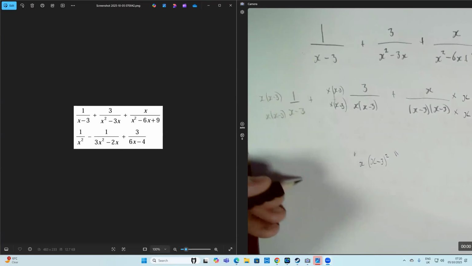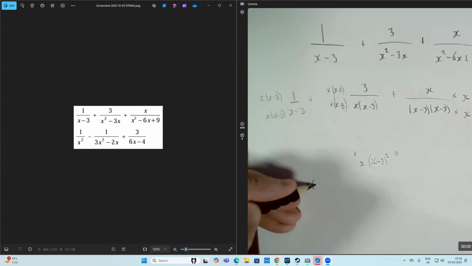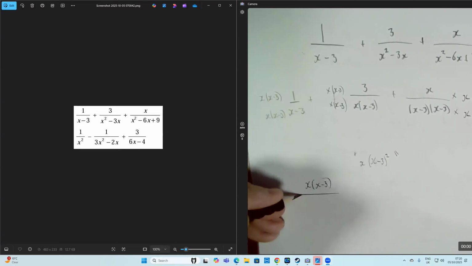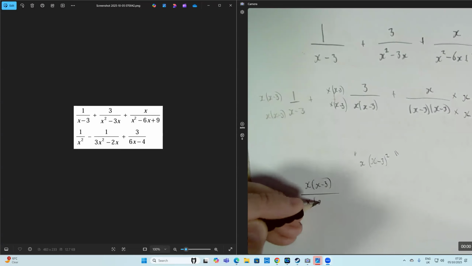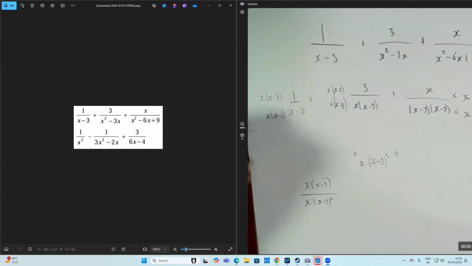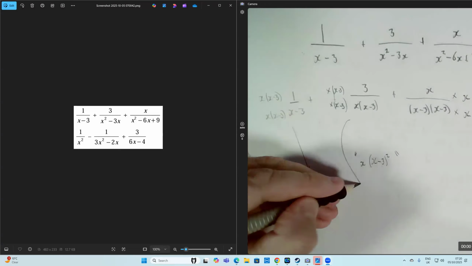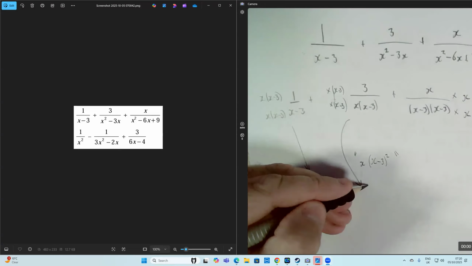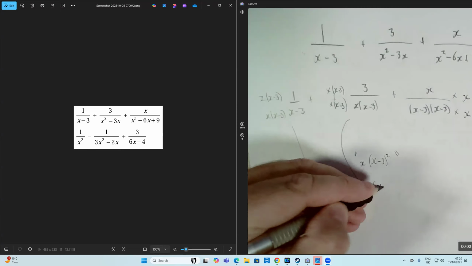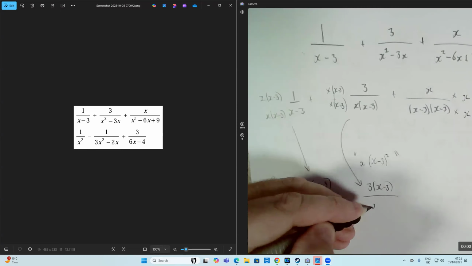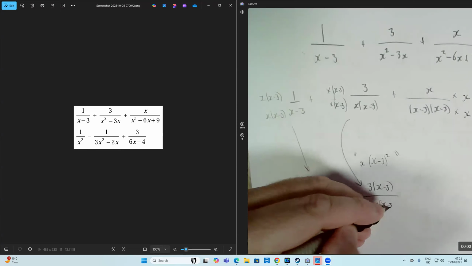So bringing all that together, what have we got? We have x times x minus 3 over x times x minus 3 squared. That's that one. And this one, we have 3 times x minus 3 all over x times x minus 3 squared.